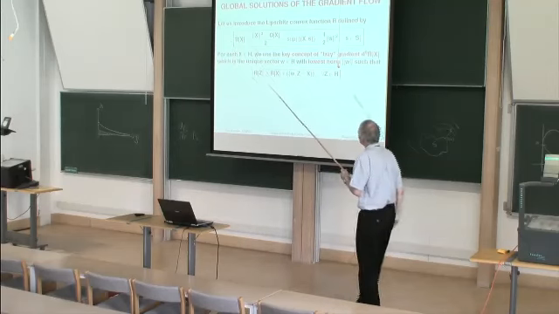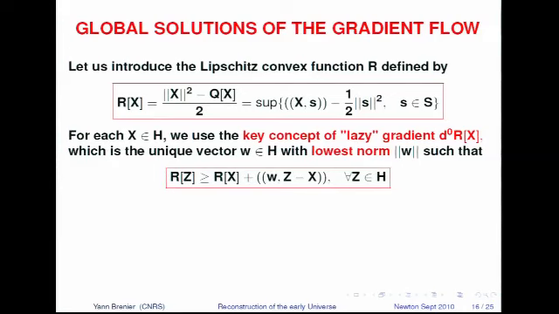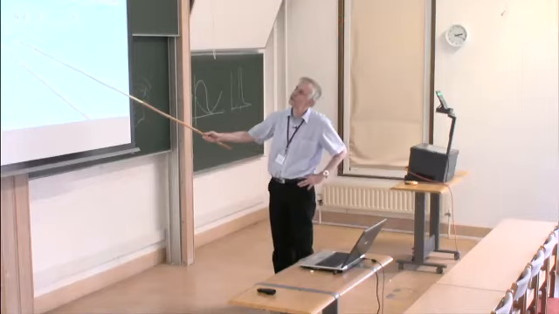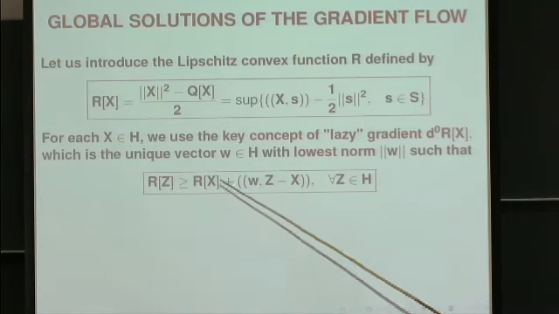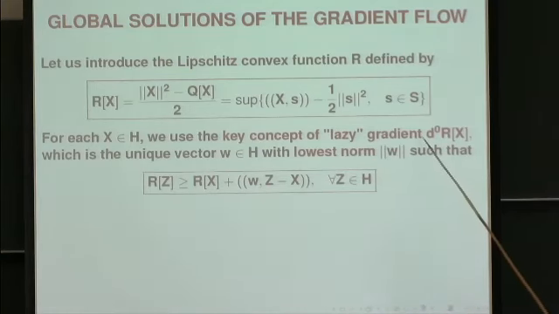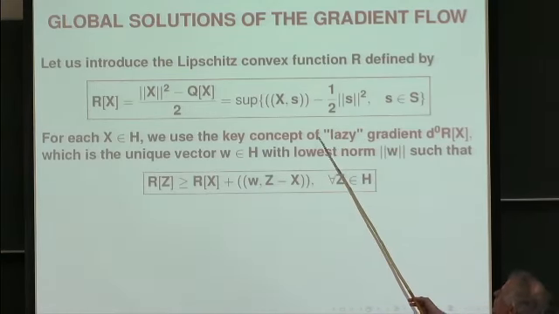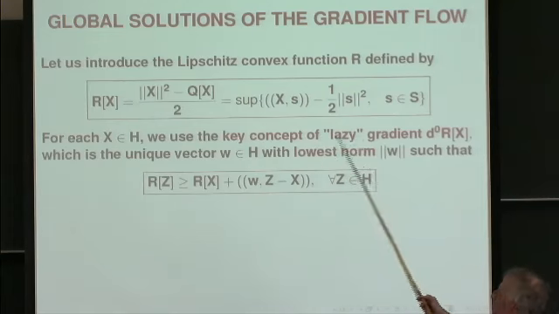And so I need just a very light touch of convex analysis. Well, if you know the theory, you maybe remember the subdifferential, but let me skip that. I call it lazy gradient for fun, but this is more seriously called the minimal section.